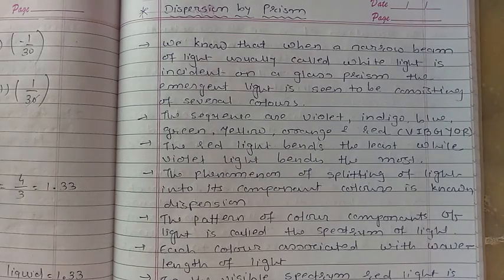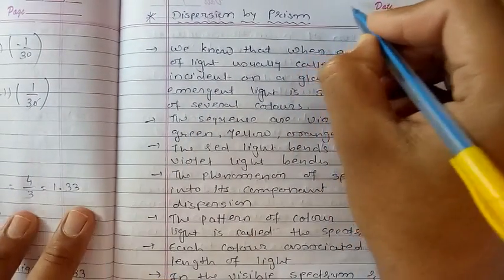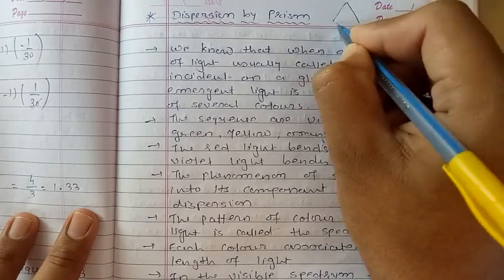Now this phenomenon of splitting the light into its component colors is known as dispersion, and this pattern of color is known as the spectrum of light. We already know that. This is a prism.